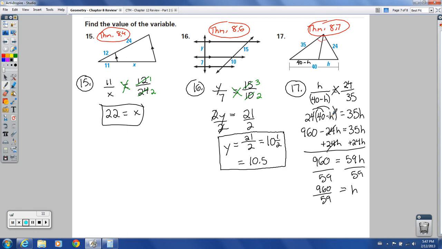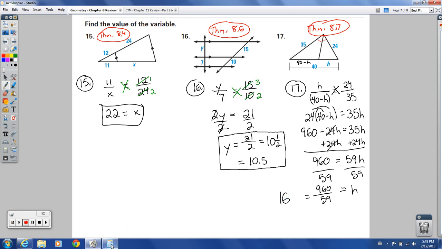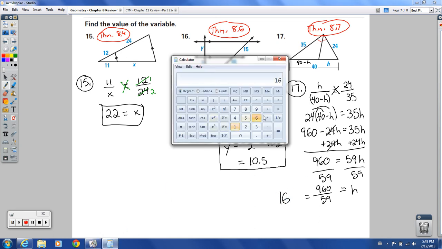I think better answers, though, would be something where it tells you as a mixed number what that is. So let's see, if we take out our calculator, how many whole times does 59 go into 960? In other words, it's 16. And then what's 16 times 59? That is 944.